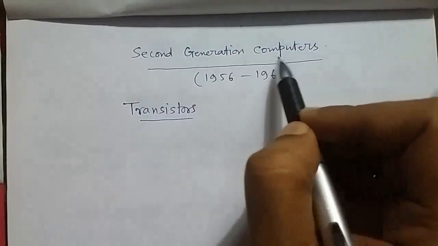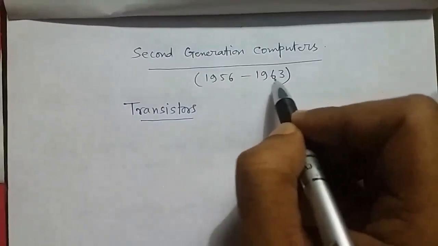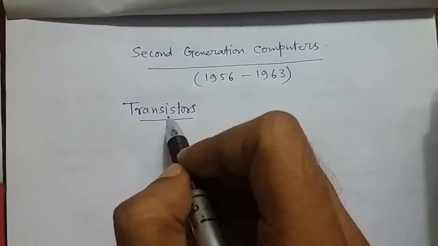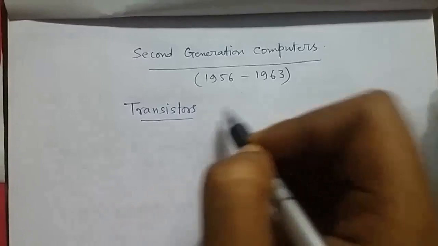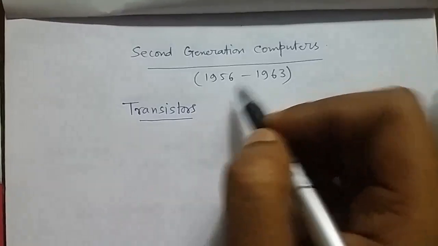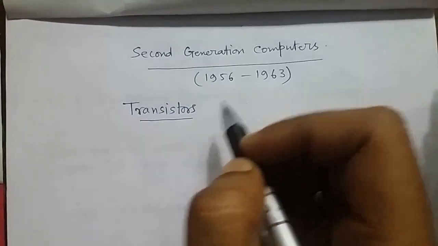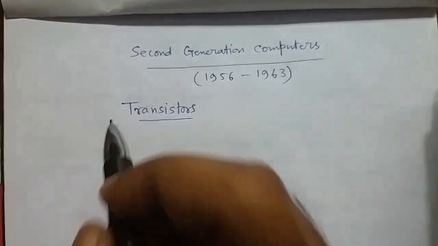Now the second generation computers, with a duration of 1956 to 1963. These computers used transistors instead of vacuum tubes as the main electronic component. In this generation, 2 high-level programming languages were developed.